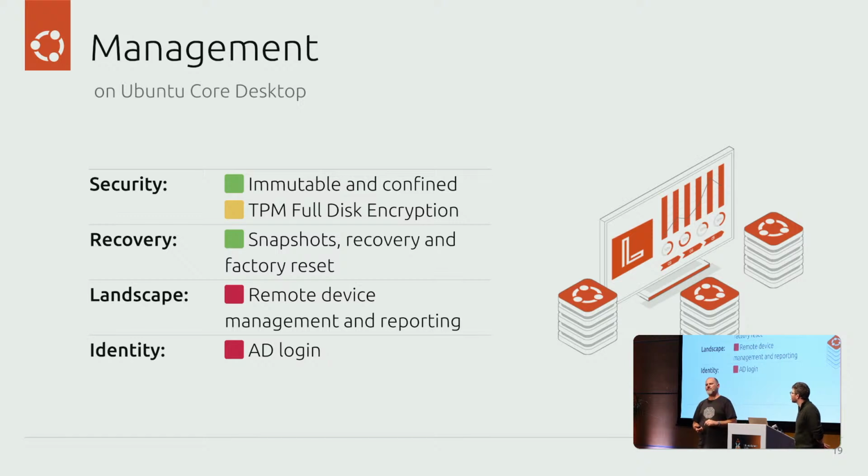The reason it's marked as yellow here is because with Ubuntu Core, you can say you want to prefer encryption or the model must be encrypted, et cetera, and at install time, it just does it. What we want to do is enable that through the installer so you can choose to encrypt or not at install time, and we don't have that yet. And the bit I mentioned on the NVIDIA slide back there is, we still have some work to do for delivering NVIDIA drivers in a way that will work in an FDE environment.